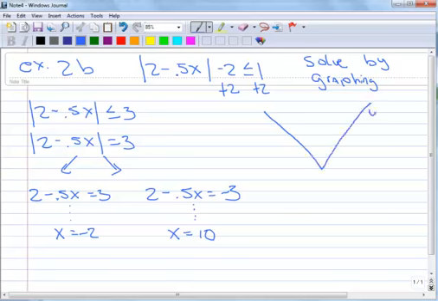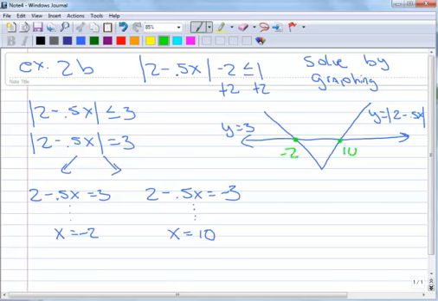So this represents the absolute value function. So the absolute value of 2 minus 0.5x, that's the V. And then this horizontal line right here represents, in this case, y equals 3. Okay. And where those two pieces intersect, well, that's the point -2 and the point 10.